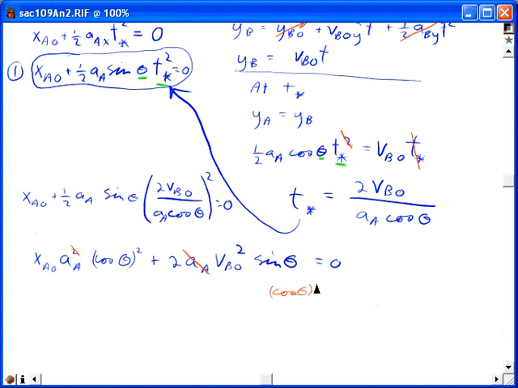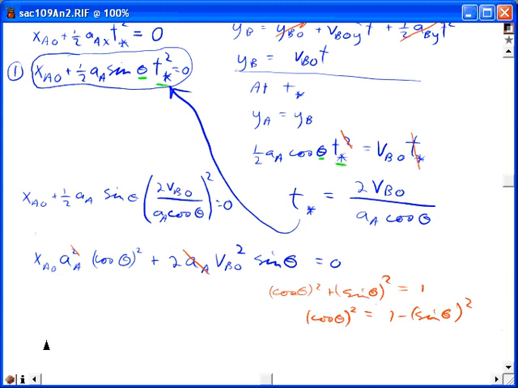Cosine of theta squared plus the sine of theta squared is equal to 1. So the cosine of theta squared, which is what I've got here, is 1 minus the sine of theta squared.